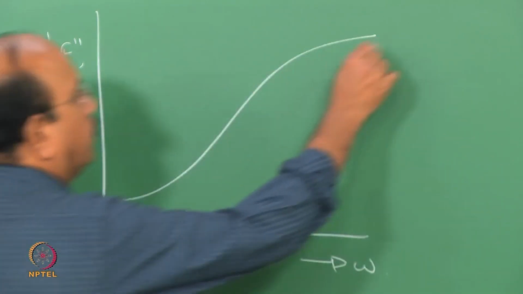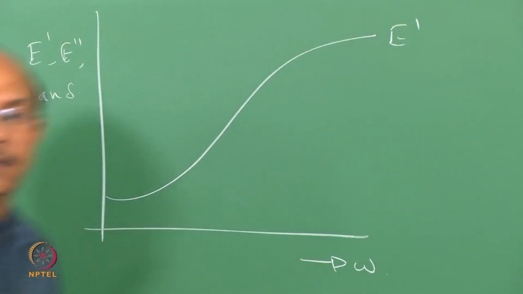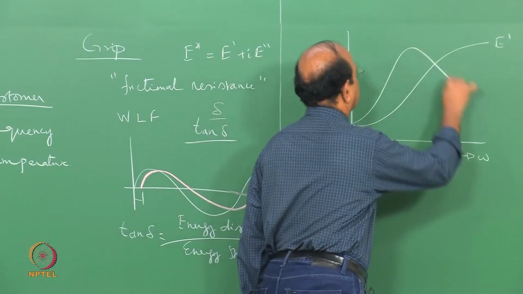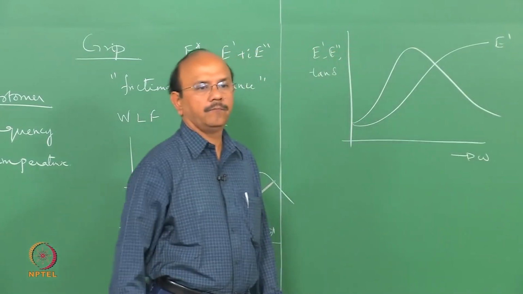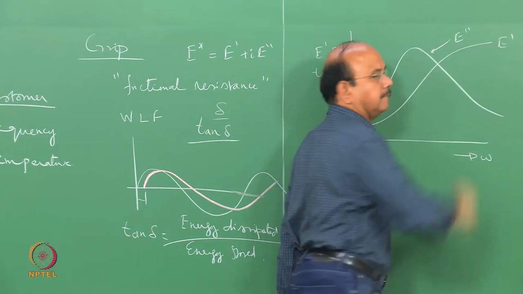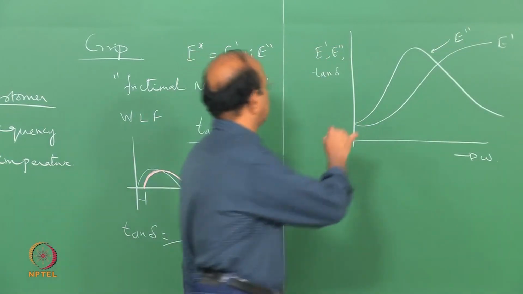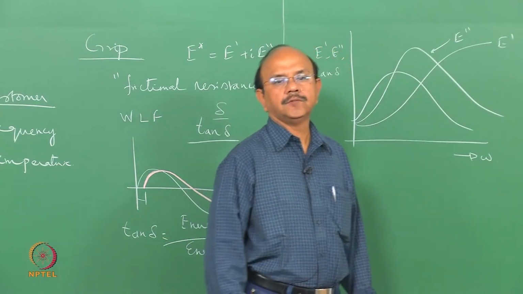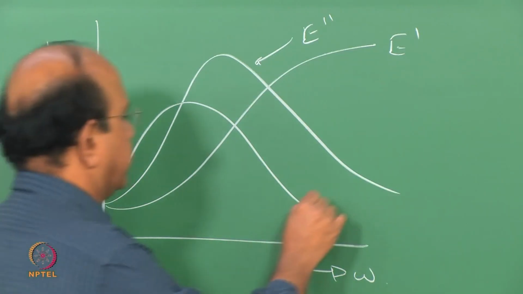That would be the E prime value. E double prime would look something like this. That would be the E double prime value. And tan delta would be something like that. That will be the tan delta value.